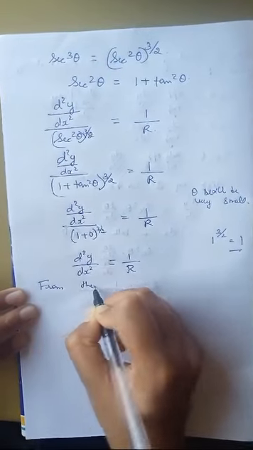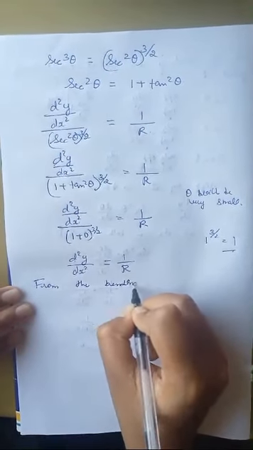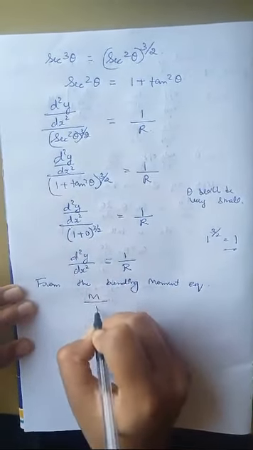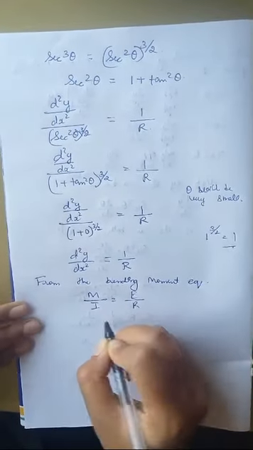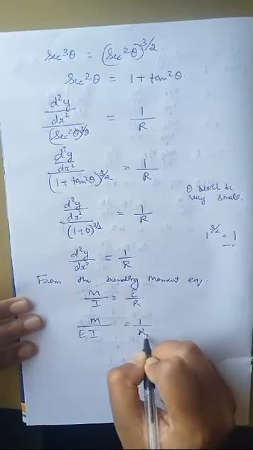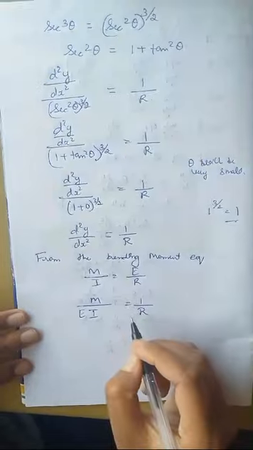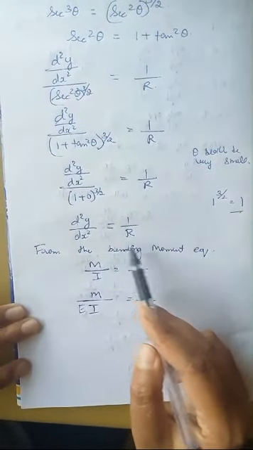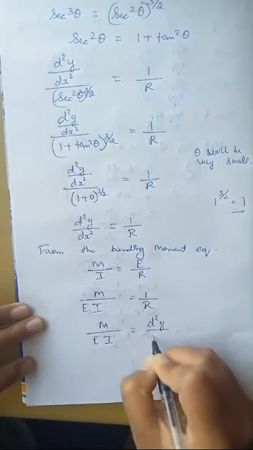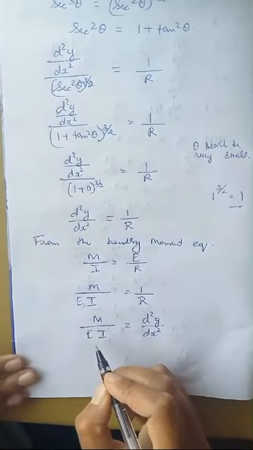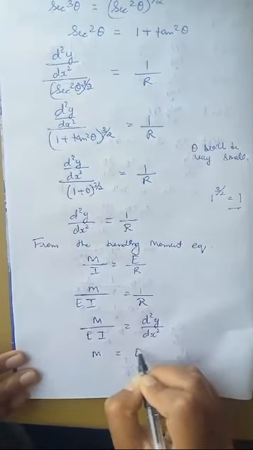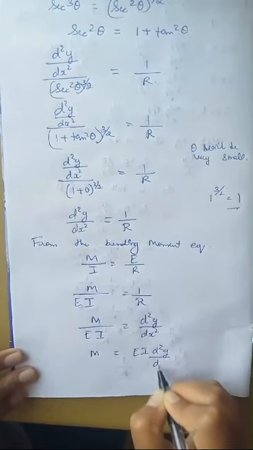From the bending moment equation, we know that M by I is equal to E by R. We will send this E to here: M by EI is equal to 1 by R. Here we got the value of 1 by r, so we will substitute it here. 1 by r is d square y by dx square, and now we will multiply this EI to the other side, so it becomes EI d square y by dx square equals the bending moment.